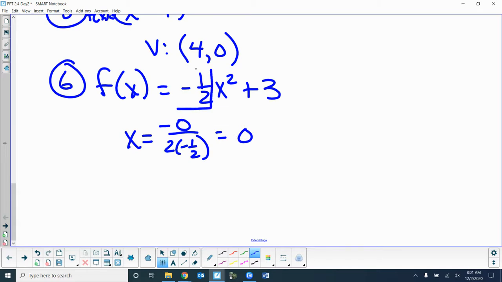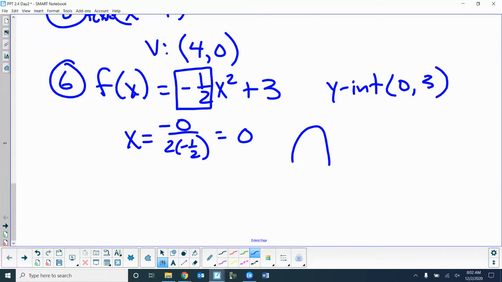Does this open up or down? Opens down, right? So you want to find one that has, and the y-intercept is (0, 3), right? Whatever the c is.